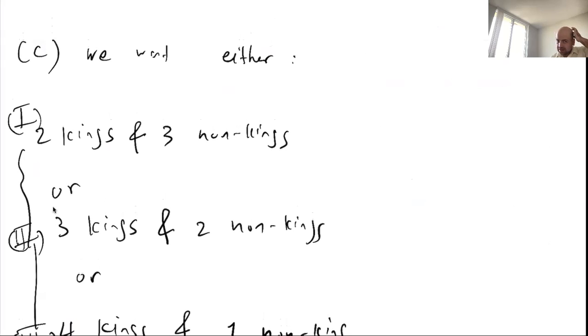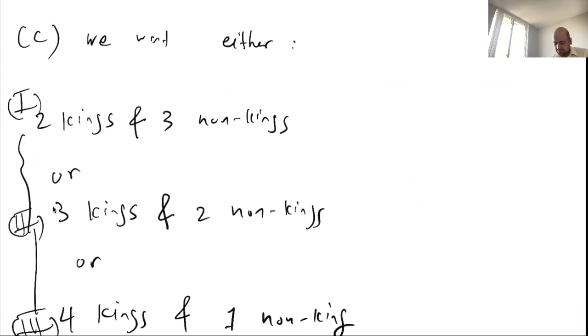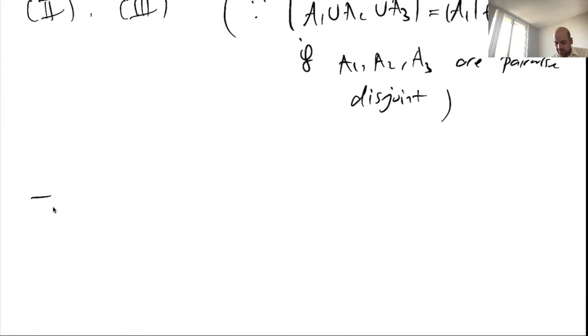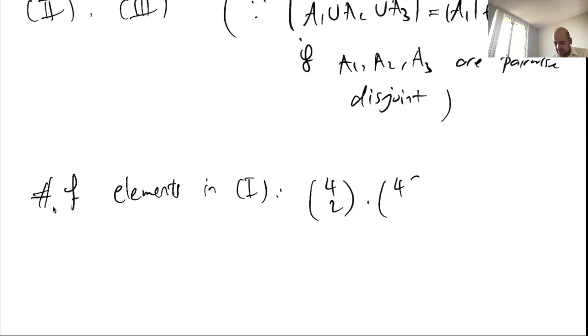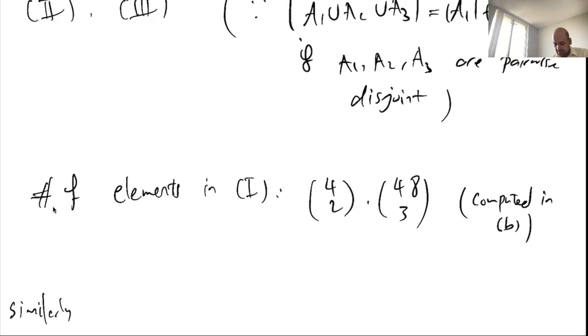Well, we just calculated that in part B. So we can say the number of elements in 1 is, we saw, 4 choose 2 times 48 choose 3, computed in part B. Similarly, the number of elements in 2.